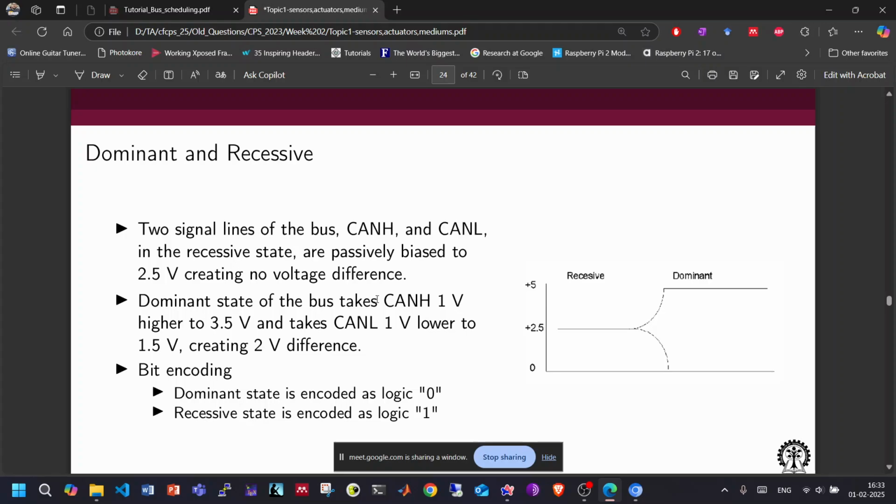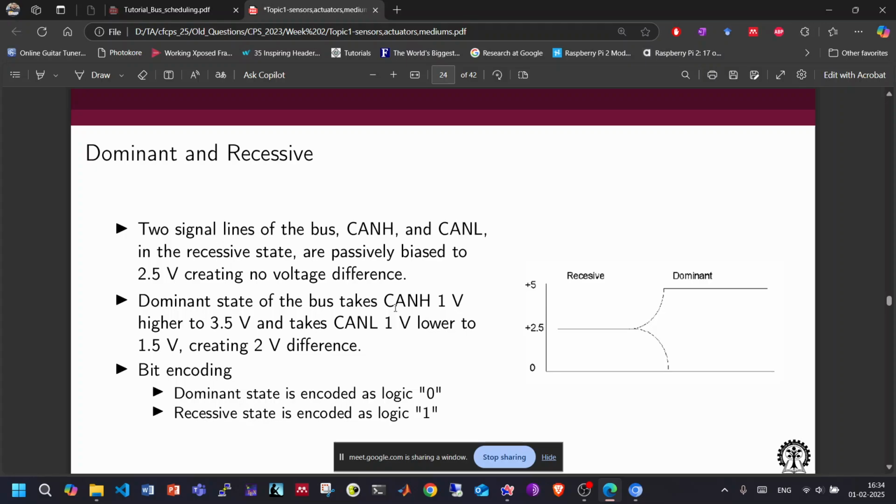So what do I mean by that? A dominant bit means that when on the bus, CAN high goes 1 volt higher than 3.5 volts, and CAN low goes 1 volt lower than 1.5 volts, so there is a 2 volt difference, then we call it a dominant bit. And when both have no voltage difference, then we call it a recessive bit.